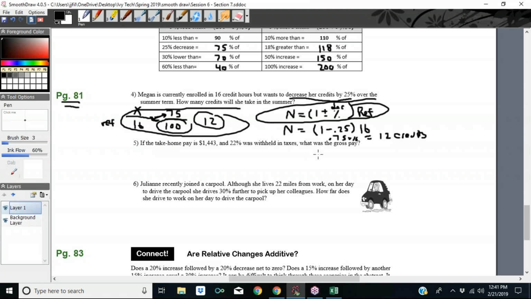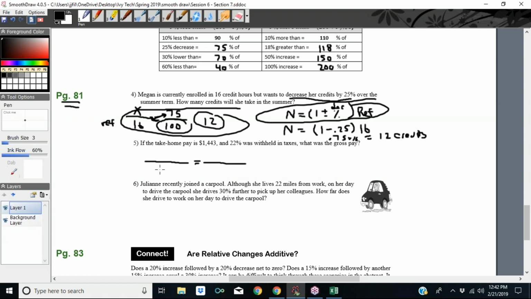So the first thing we have to know is the take-home pay and the gross pay. Which is the reference value? Like, which is the original value, the take-home or the gross pay? The gross pay. Thanks, Melissa. So the gross pay is the reference value.